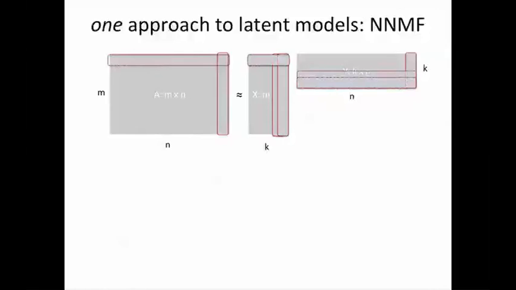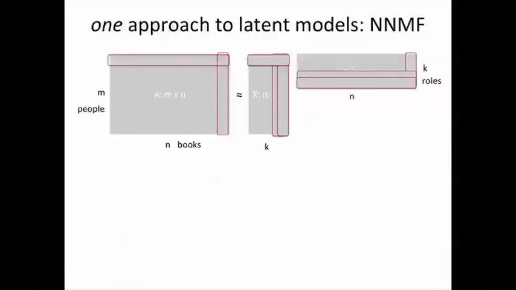Another way of looking at this is to look at it row-wise. So one might say that the first row of A comprises a combination of the rows of Y, with this particular row of X telling us what combination of the rows of Y we should take to make up this first row of A. Coming back to people and books, this particular person, represented by the first row of A, can be thought of as playing multiple roles, which are the rows of Y. It could be a poetry reader, a technical reader, a law reader, or someone interested in science fiction.